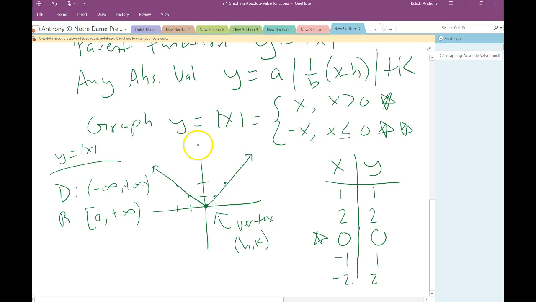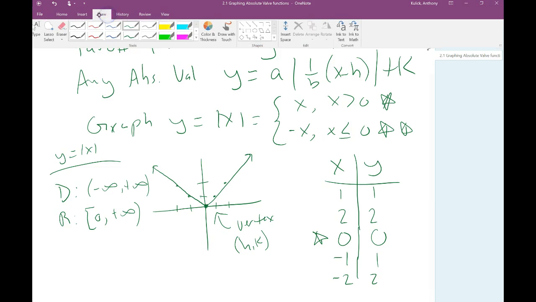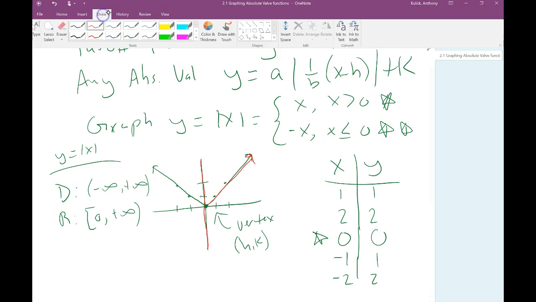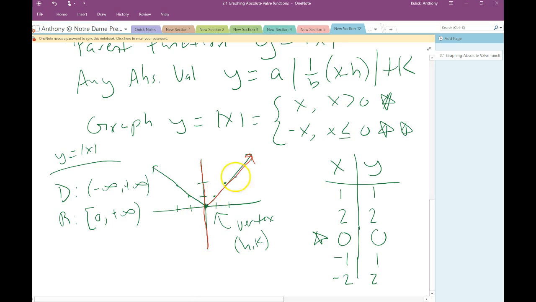And then I notice here that if I reflect this across the y-axis here, this part of my graph gets reflected over here, and then this part of my graph would reflect over here.